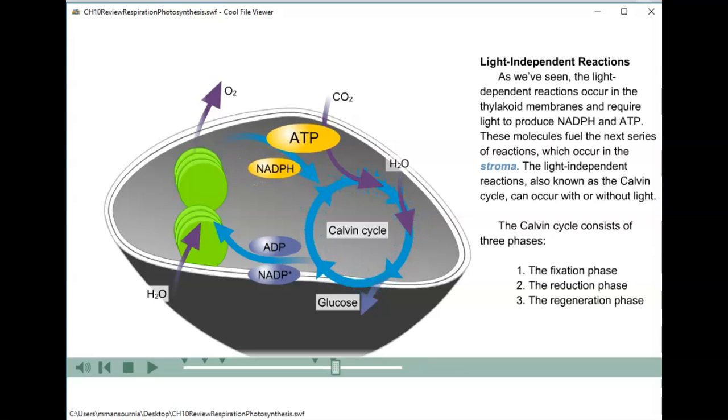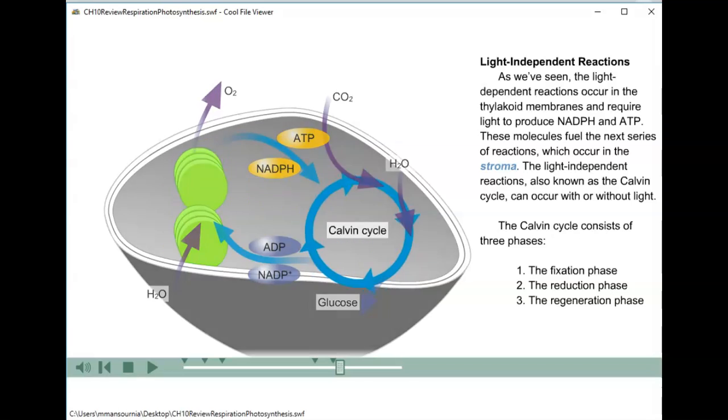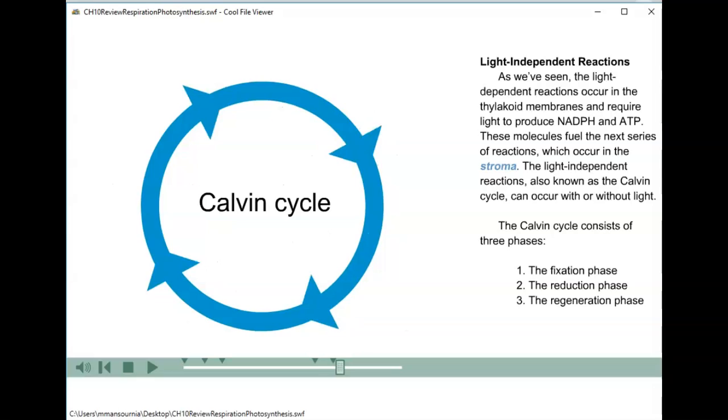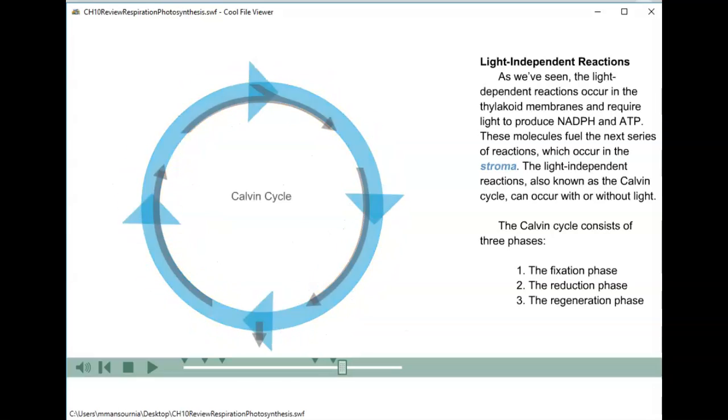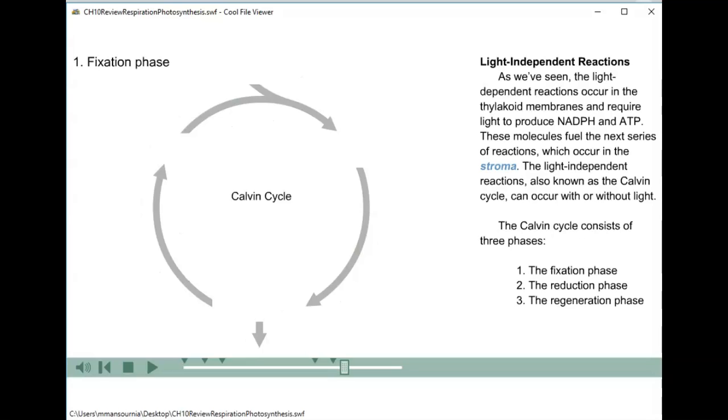As we've seen, the light-dependent reactions occur in the thylakoid membranes and require light to produce NADPH and ATP. These molecules fuel the next series of reactions, which occur in the stroma. The light-independent reactions, also known as the Calvin cycle, can occur with or without light.